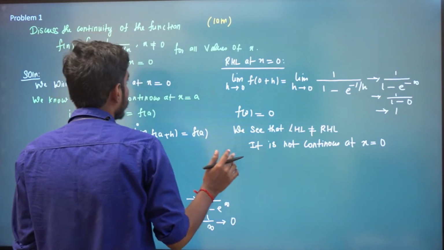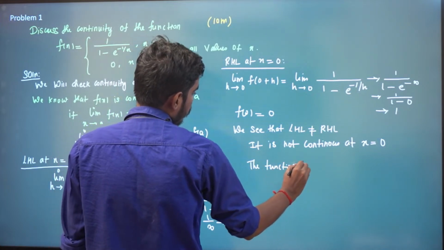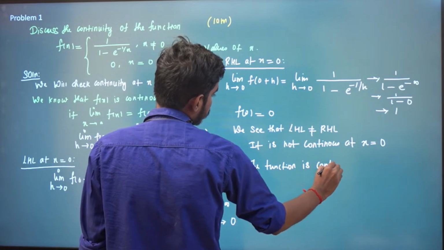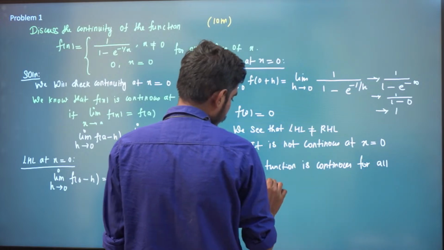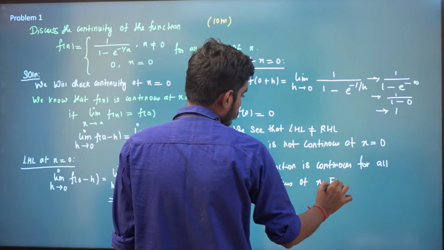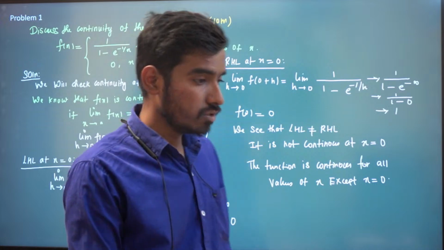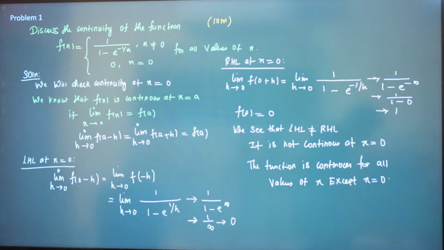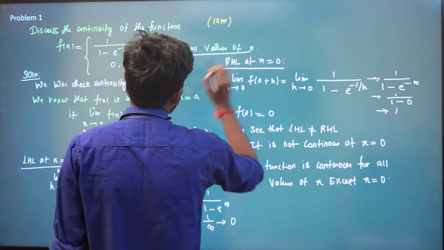So that means the function is continuous for all real values of x, except x is equal to 0. Because at x is equal to 0, it is not continuous because our LHL is not equal to RHL. But at all other points it is continuous.